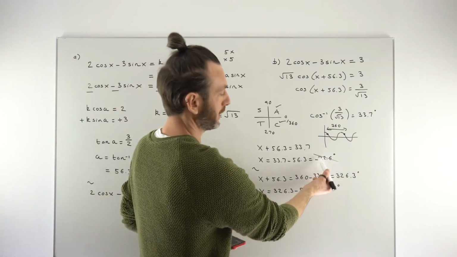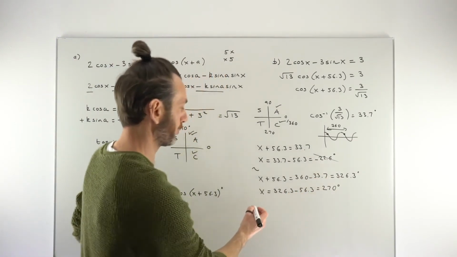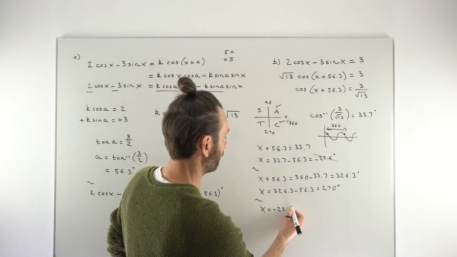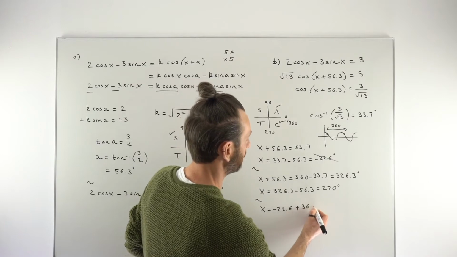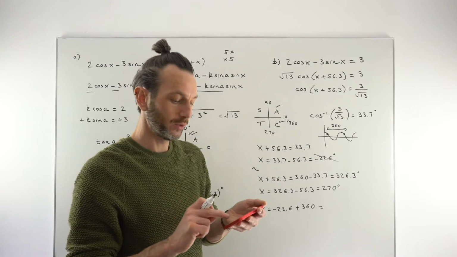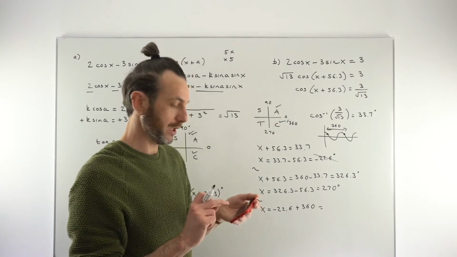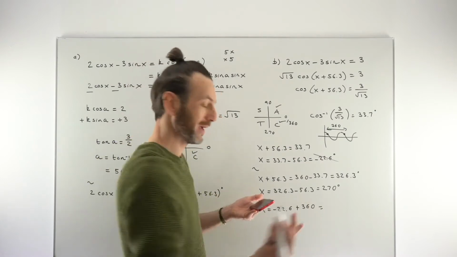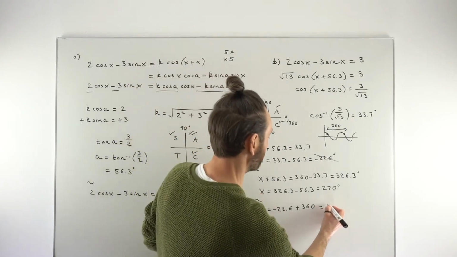So this solution here wasn't valid, but if we take that solution, minus 22.6, and add on the period, 360, that will give us another valid solution. So 360 minus 22.6, I should be able to do that without a calculator, but hey, it's a calculator question, so may as well use the calculator.